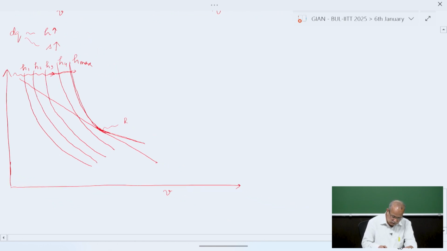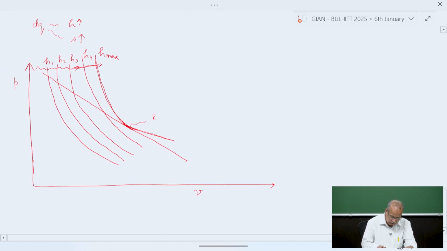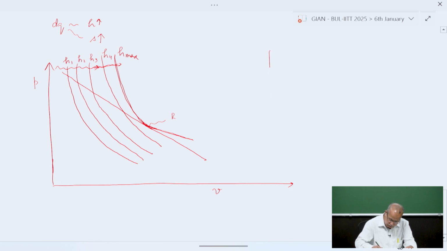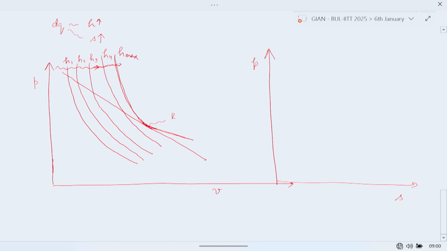Now the similar effect will also be observed for an S line. So if I superimpose the R line and I'm going to heat dq, so here you see this one here.